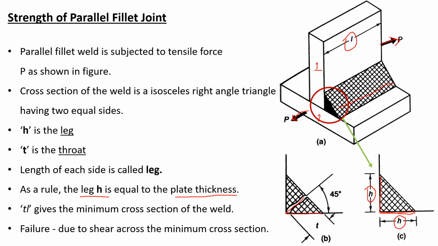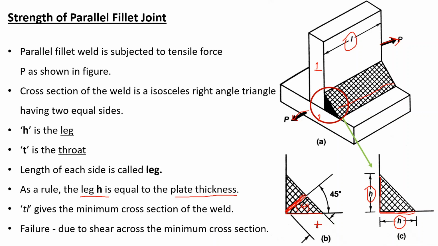This is the minimum length, and when multiplied by the length of the weld it will give you the minimum cross sectional area of the weld. This minimum length is denoted by alphabet T, and it is at an angle of 45 degrees with the leg of the weld.